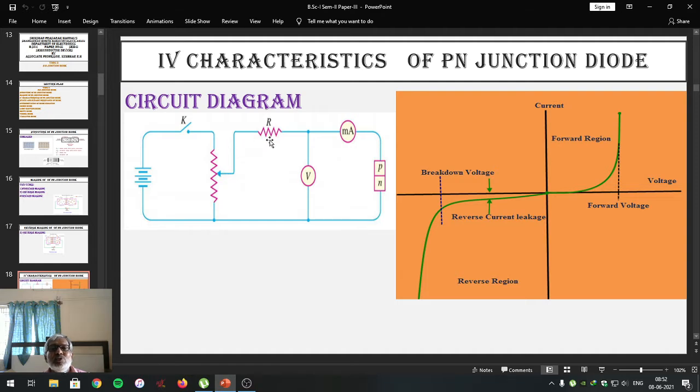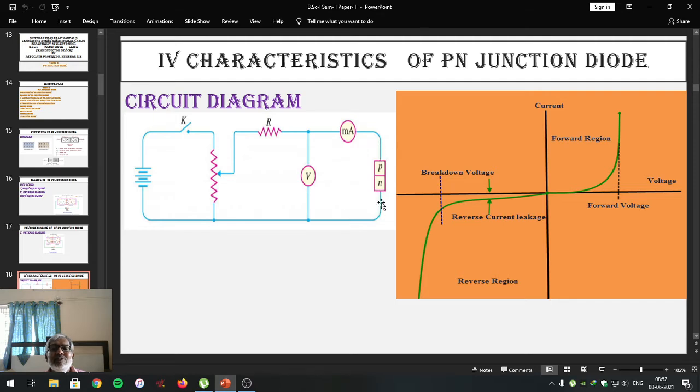is connected to the combination of current meter and voltmeter via resistance R. This resistance R is used to protect the p-n junction diode against heavy current, against excess current. The voltmeter is connected in parallel to the p-n junction diode and measures the voltage across it, whereas a current meter is connected in series to the p-n junction diode and is used to measure the current flowing through it.